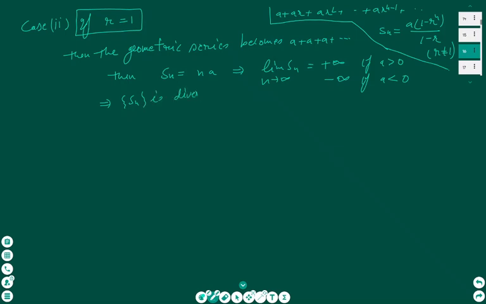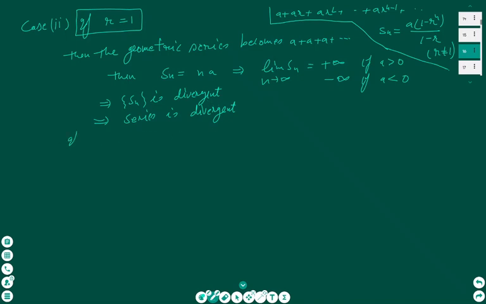So the sequence of partial sums is divergent, which implies the series is divergent, because the behavior of the series is the same as the behavior of its sequence of partial sums. So the series is divergent for r equal to 1.